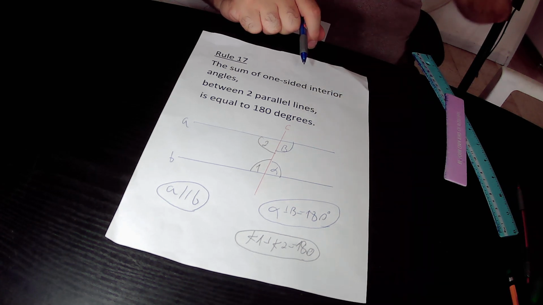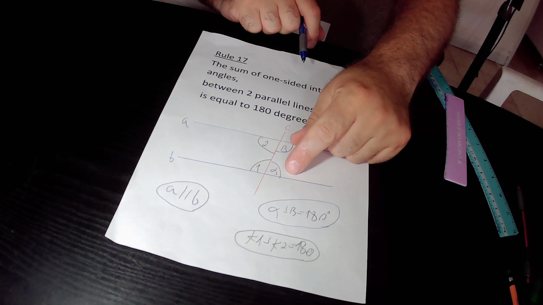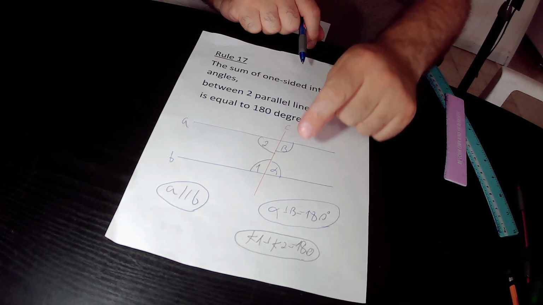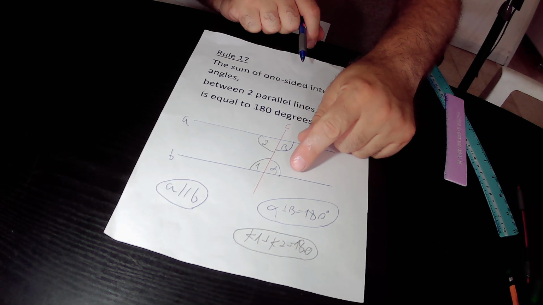They are one-sided angles because they are located on the same side of the straight line C. They are both located on the left side of the straight line C, and therefore they are defined as one-sided angles.